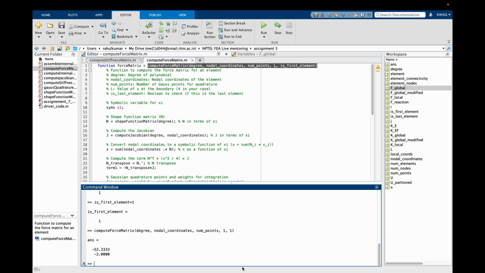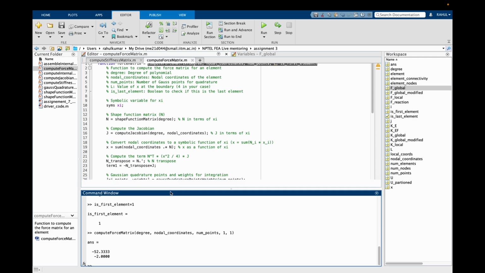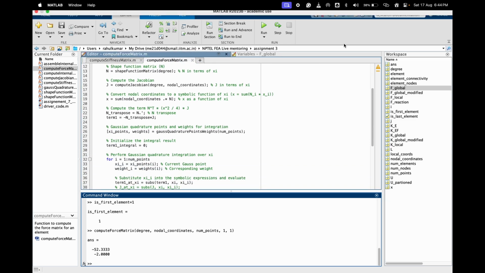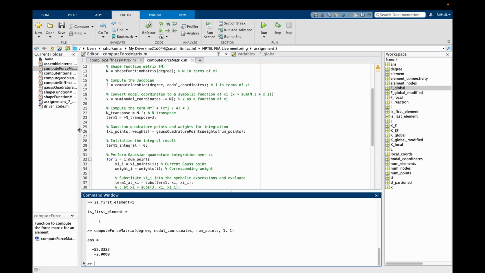Is it correct or not? Is your answer matching? This is the force matrix. So I think the question is asking what is F1 and what is F2, right? Yes, this is the answer for F1 and F2.